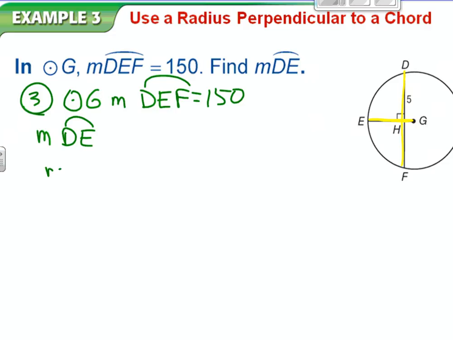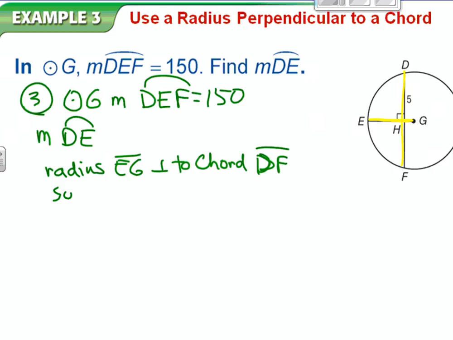We're going to say radius, segment EG is perpendicular to chord segment DF. So the arc and chord are bisected. And again, bisected means that they're cut in half.